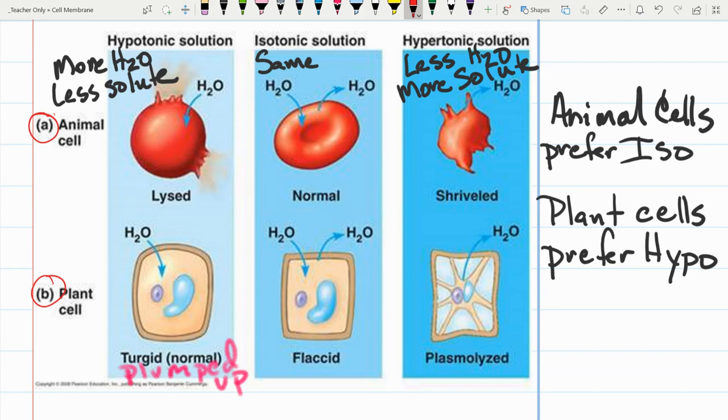And so this is what gives the plant cell its shape. So it's plumped up. You guys know what it looks like when you forget to water a plant for, let's say, a couple of weeks, right? It's going to shrivel up. That would be like a hypertonic solution example. But when you water it, those cells plump up and you have a nice healthy plant.